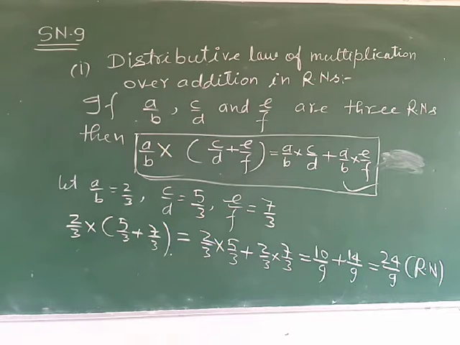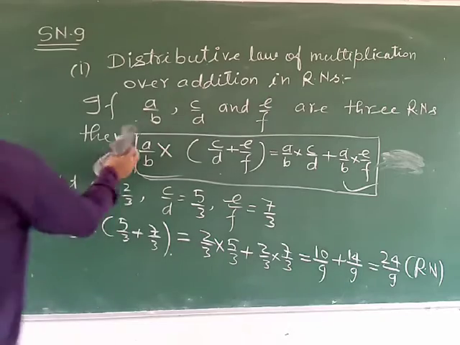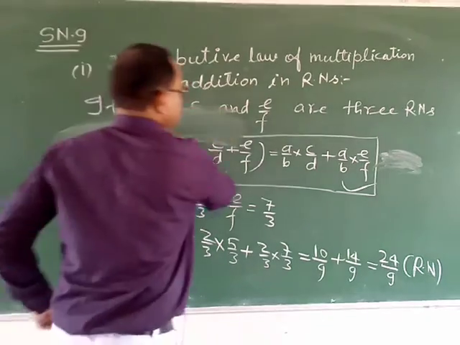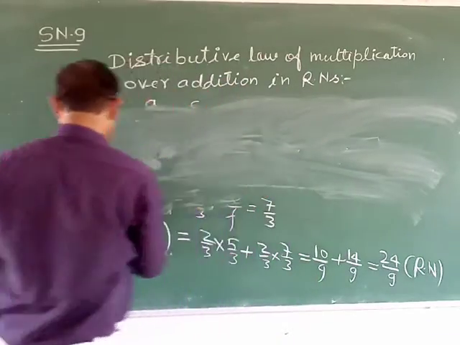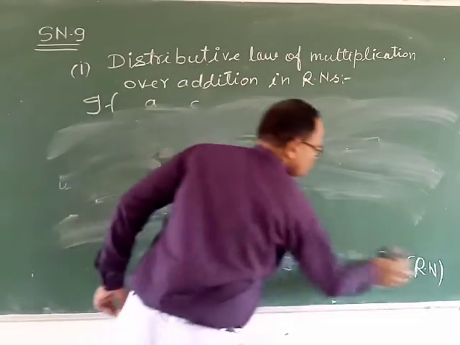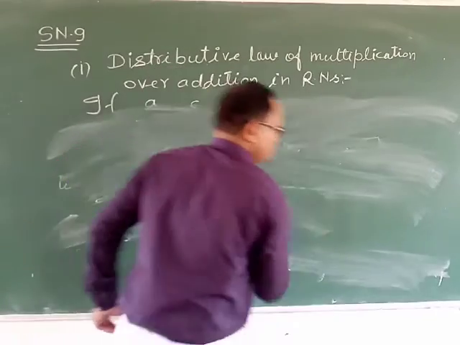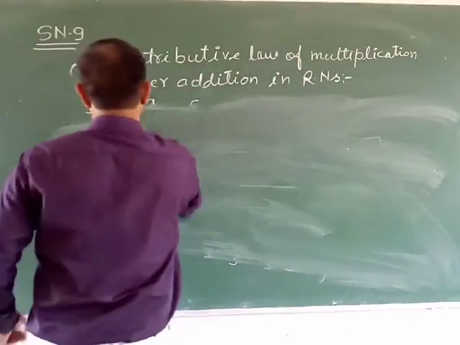After this, the next rule is related with 0.